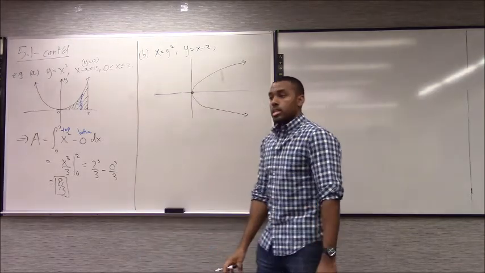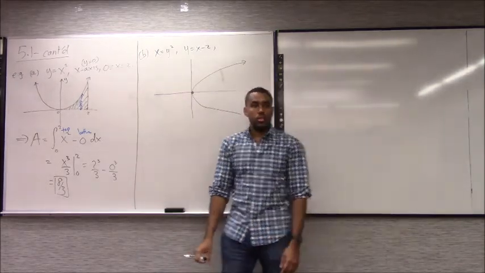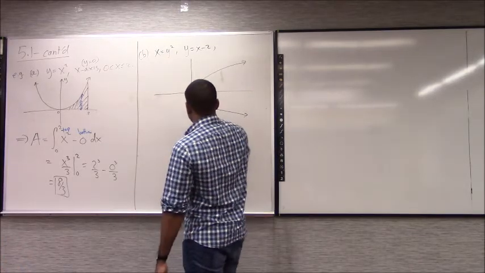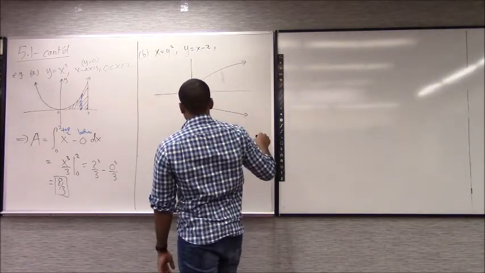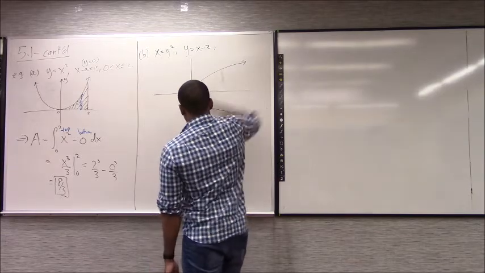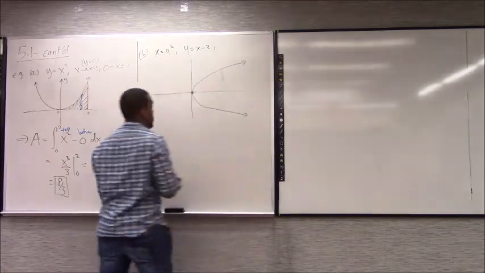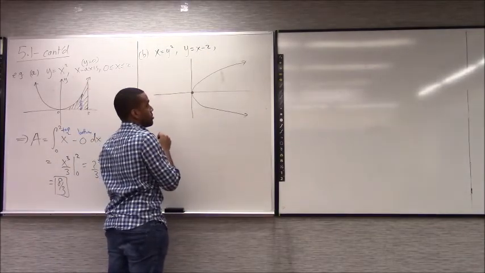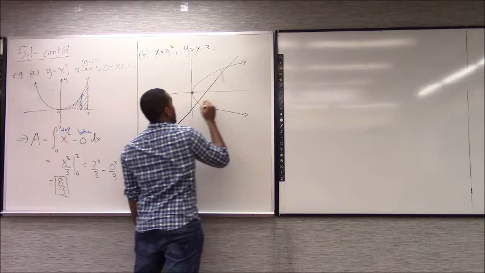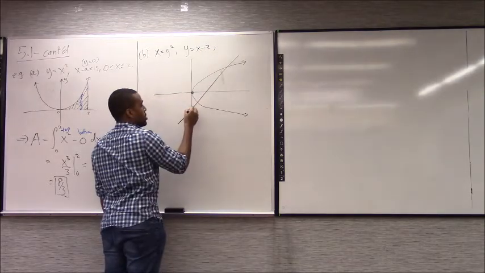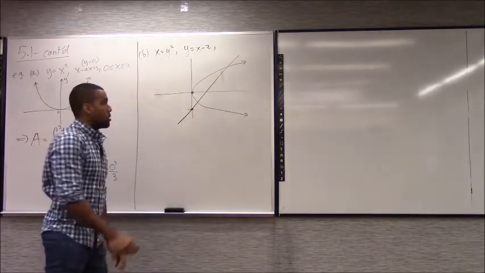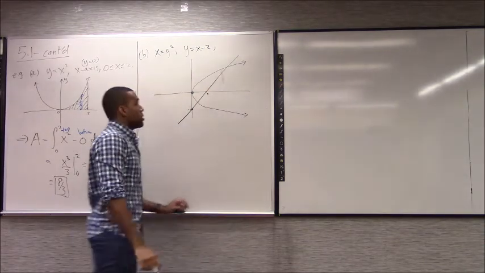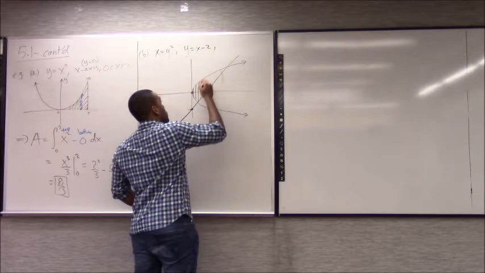And y equals x minus 2 is a straight line going like this. Remember, that's your y-intercept, so that's a -2 right there, and this would be a 2. And so that's the region we care about.